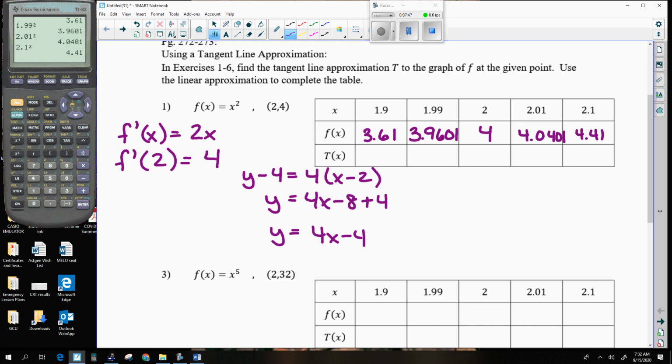All right, and then our linear approximation model. So that is 4x minus 4. So really close. Wow, that's really close. If I wanted to know what is the value when x is equal to 1.9, man, my linear approximation is really close.